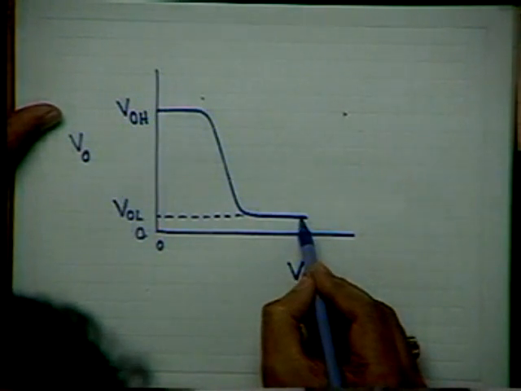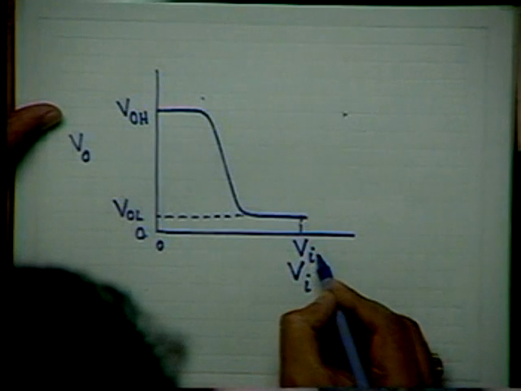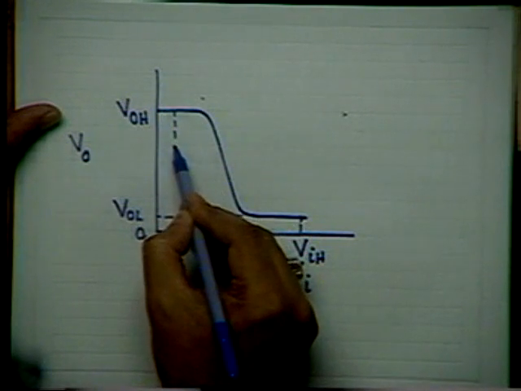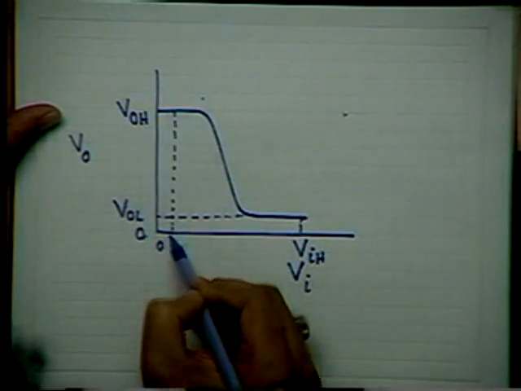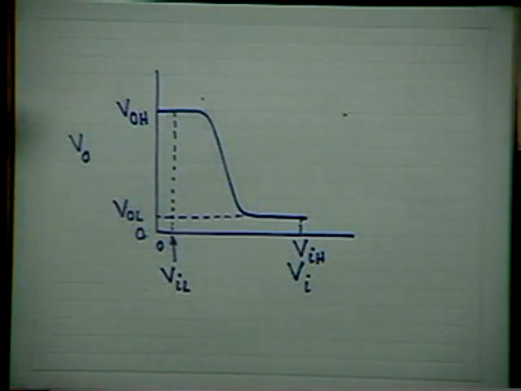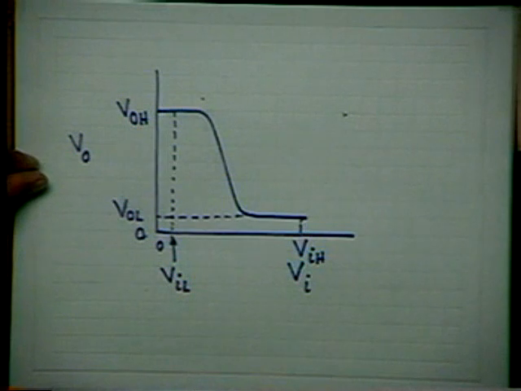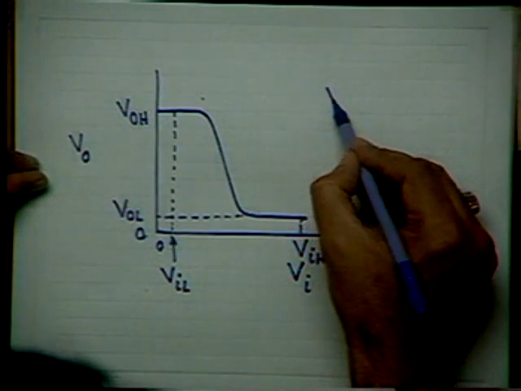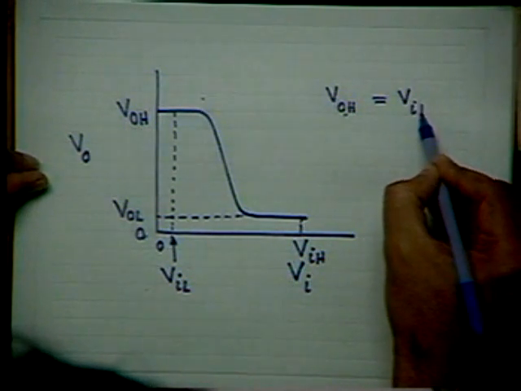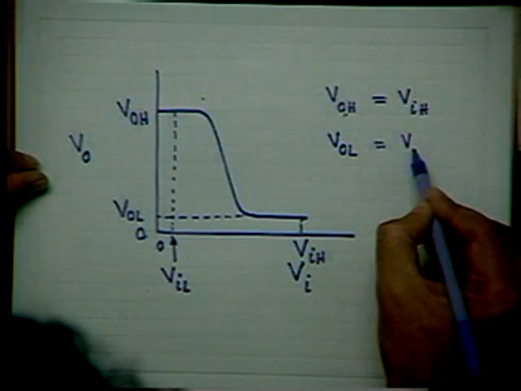In the same way, I will have my VIH here, and somewhere here I'll have my VIL, and the input-output DC compatibility requires that VOH should be equal to VIH and VOL should be equal to VIL.